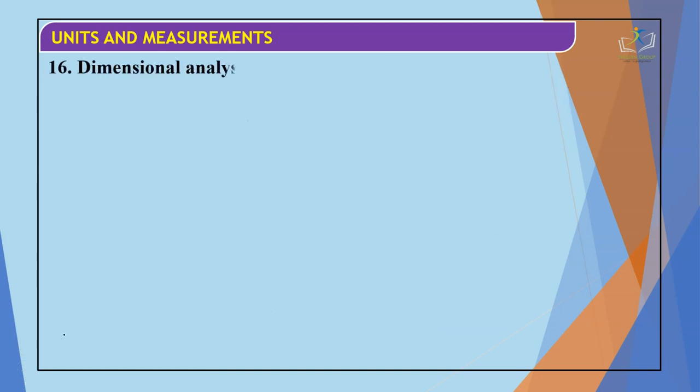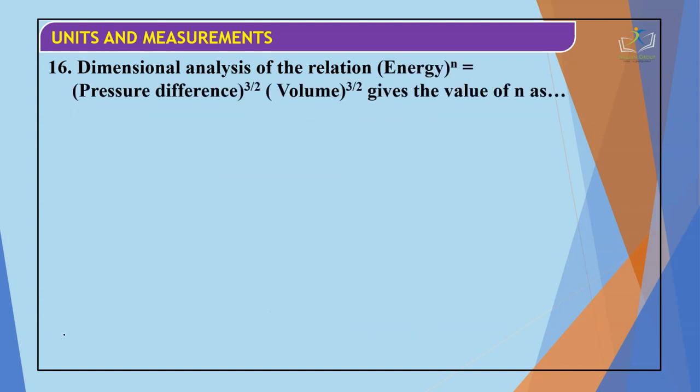Next question we have: dimensional analysis of the relation energy to the power n is equal to pressure difference to the power 3 by 2 times volume to the power 3 by 2. This gives the value of n as 3, 2, 3 by 2, or 1 by 2.